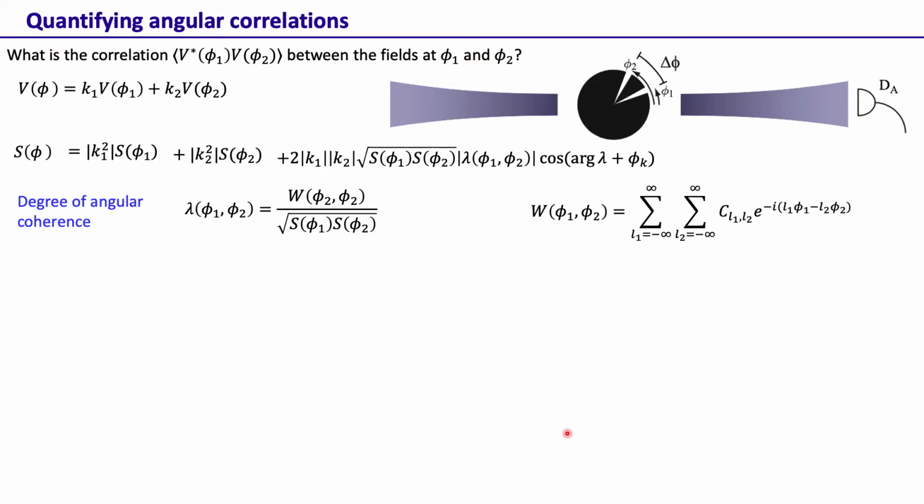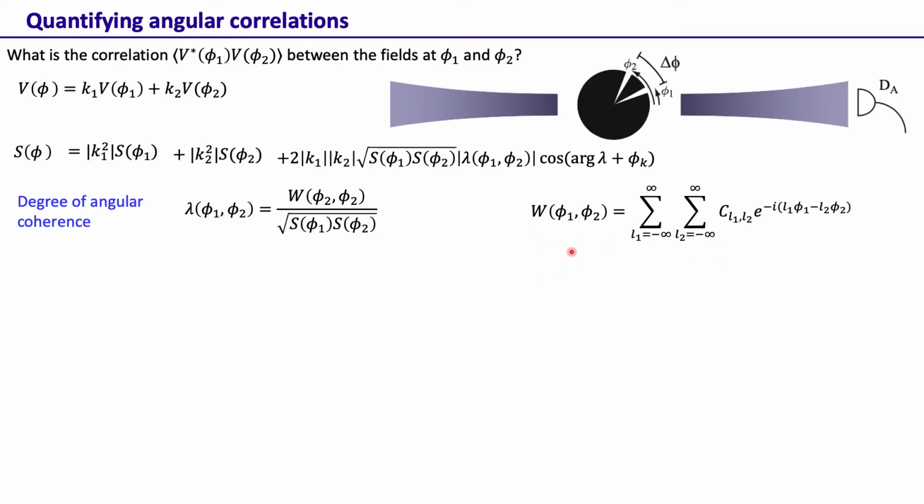Okay. So now we know how to calculate the correlation between phi 1 and phi 2 by looking at the intensity at some other location, and that's the degree of angular coherence, and that's the angular correlation function, the generalized Fourier transform.